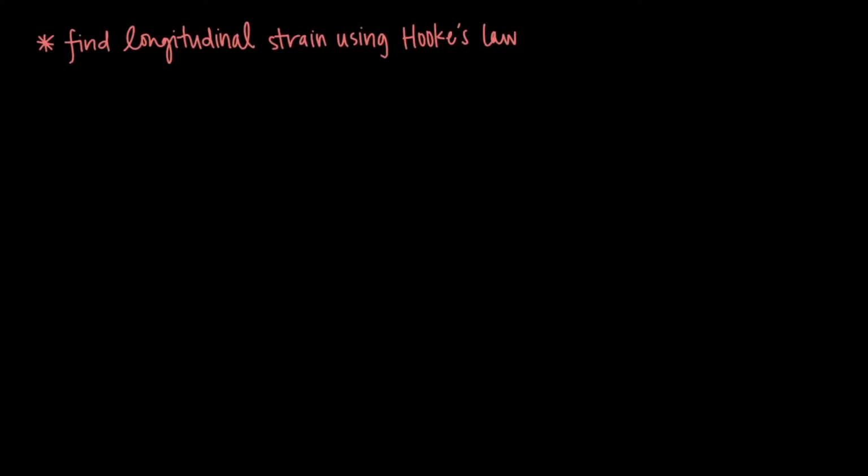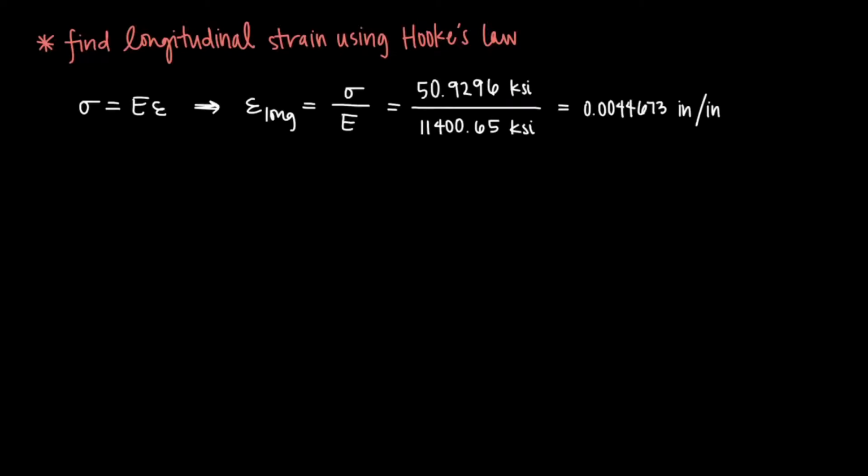Next, let's find the longitudinal strain. We can just rearrange Hooke's law again to do this. We'll plug in the 50.9296 for stress and 11,400.65 for the modulus to get 0.0044673 inch per inch.